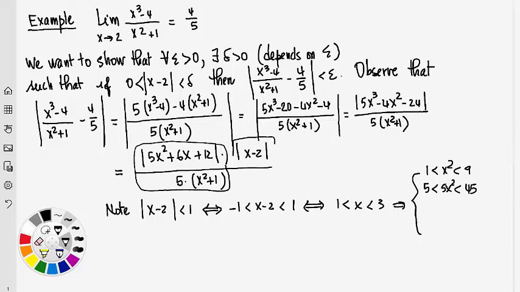If I multiply by 6, I also get 6 is less than 6x, which is less than 18. Adding these two together gives us that 11 is less than 5x squared plus 6x, which is less than 63.